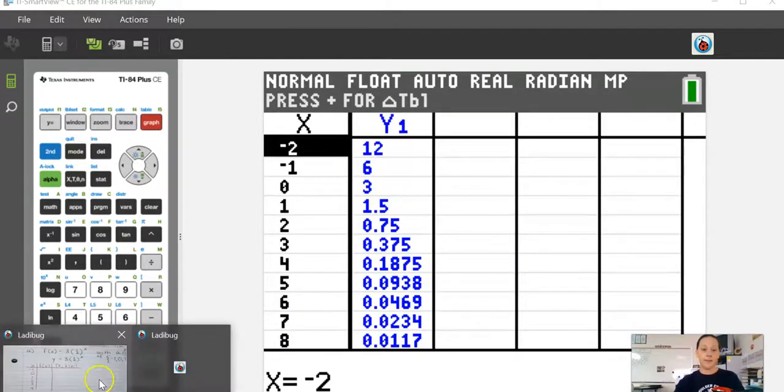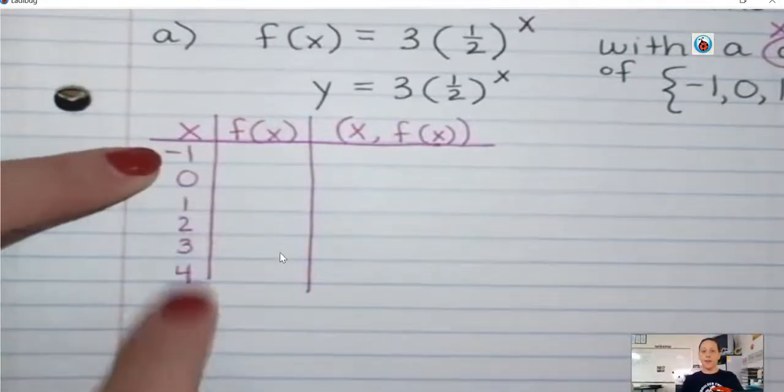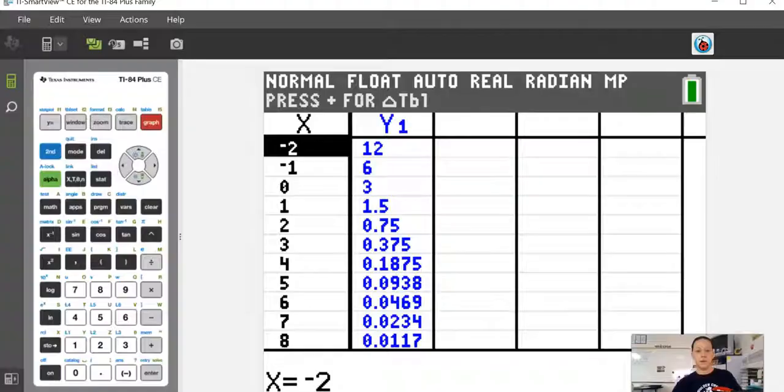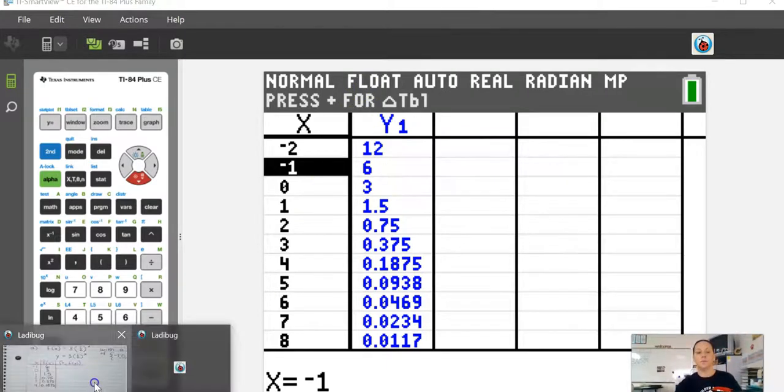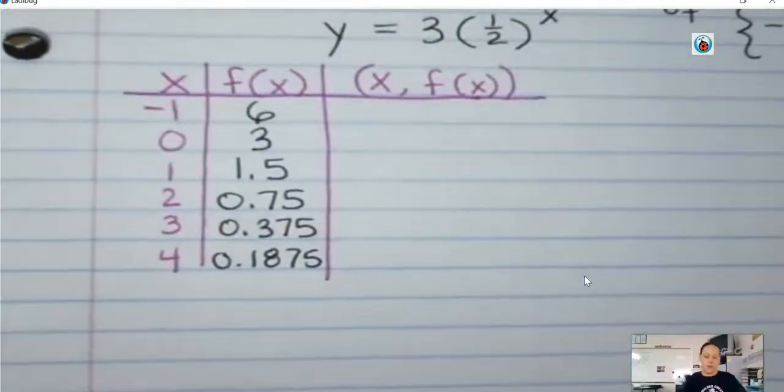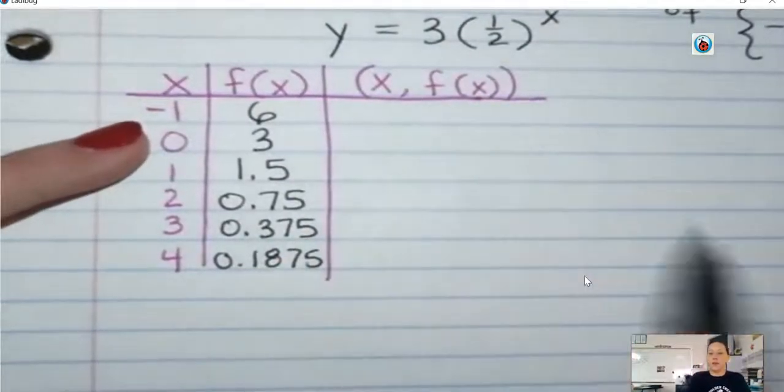Okay, we only want to write down the numbers that go with the -1 through 4. So go ahead and look at your table. So when x was -1, what y was. And then we're also going to write down what these points are because we have to graph them in a minute.